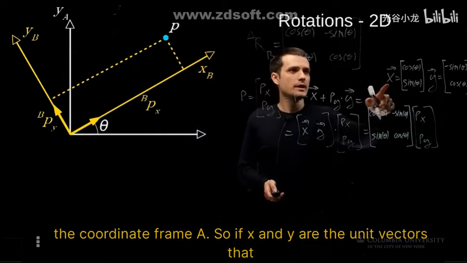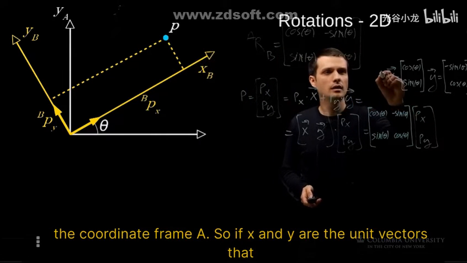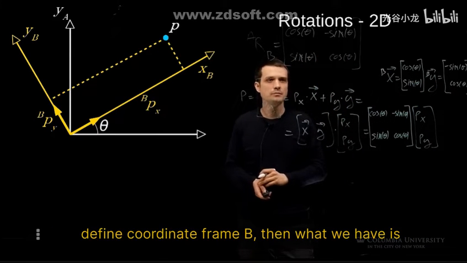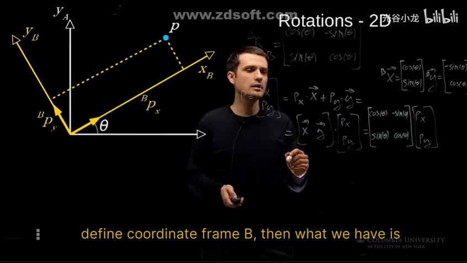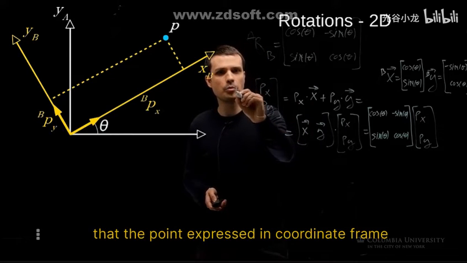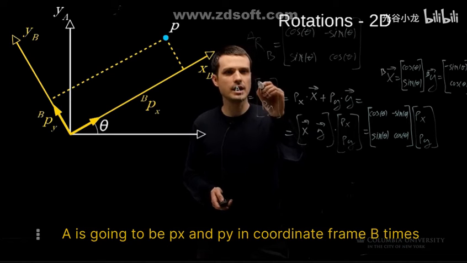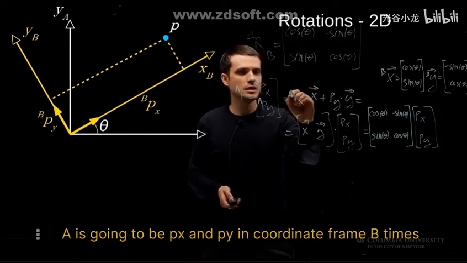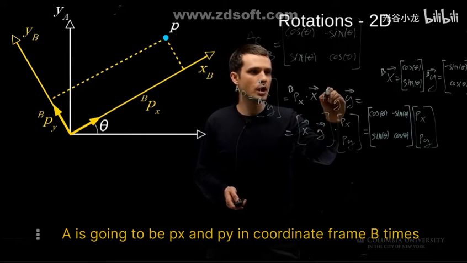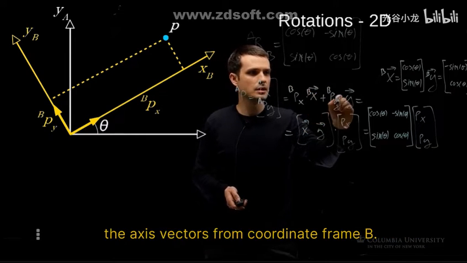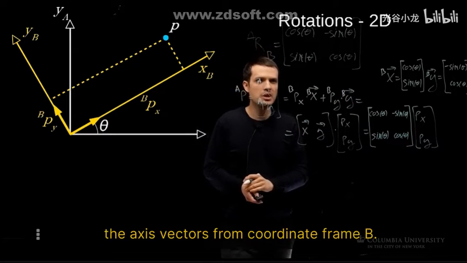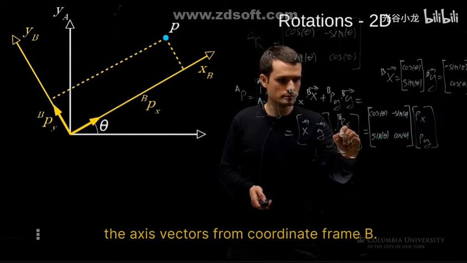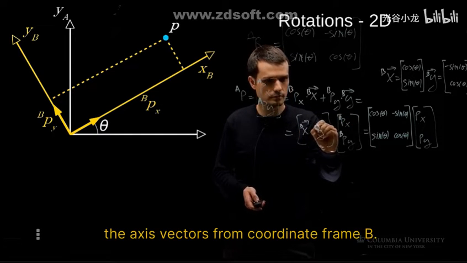So if x and y are the unit vectors that define coordinate frame B, then what we have is that the point expressed in coordinate frame A is going to be px and py in coordinate frame B times the axis vectors from coordinate frame B. Okay?